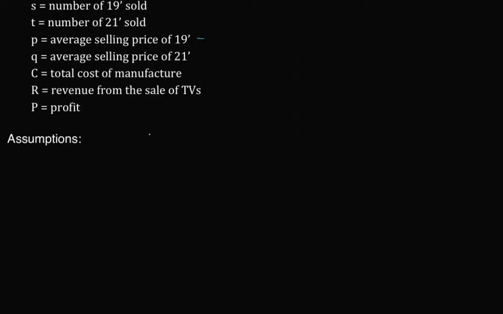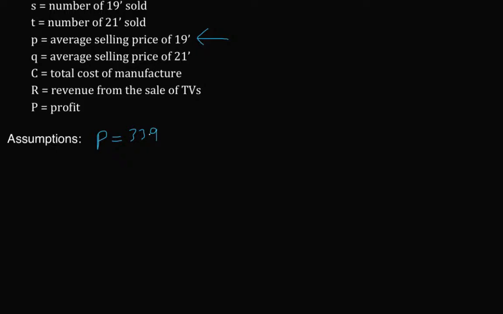Here, little p is the average selling price of the 19 inch TV. So let me write down an equation for p first. This equals the MSRP of the 19 inch, 339. But if you go to the problem, it says the average price drops by 1 cent for each unit sold.